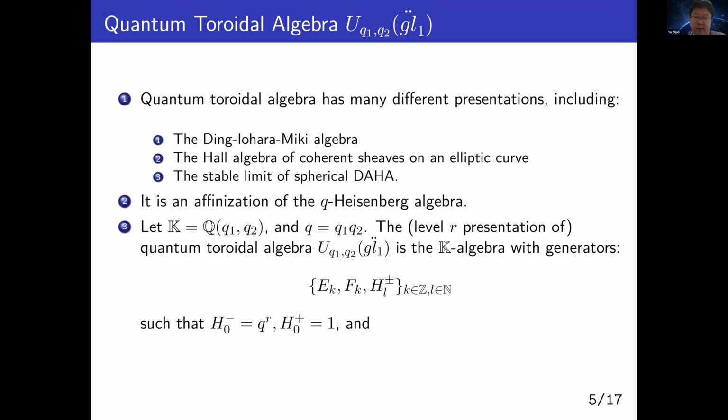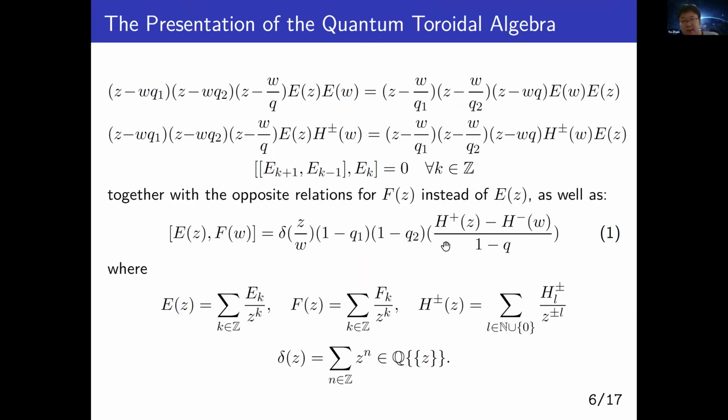And this algebra satisfies the above relations. There are a lot of relations, and I would not ask you to remember all of them, but I want to remind you that it has the positive part E_k, the negative part F_l, and it also has the zero part.